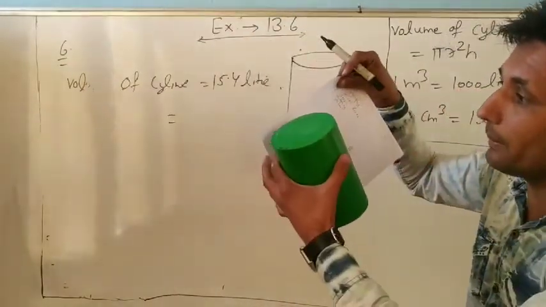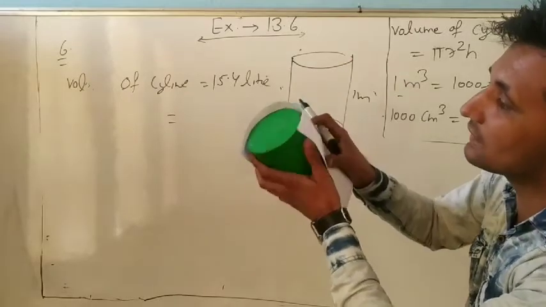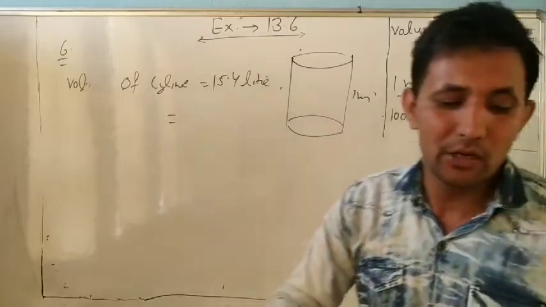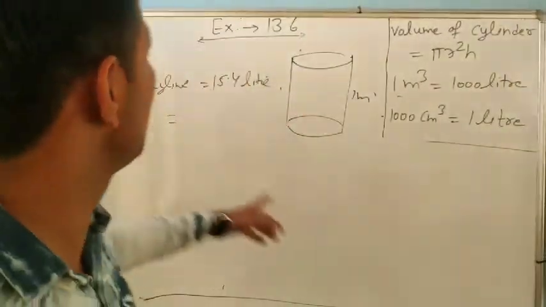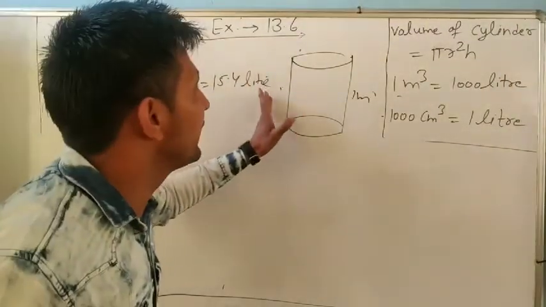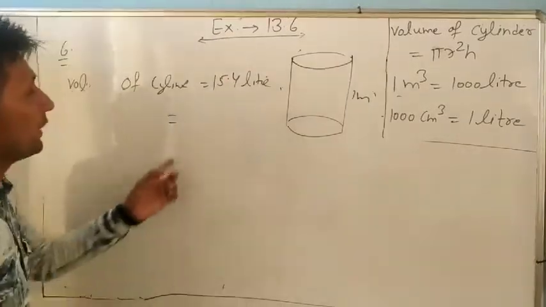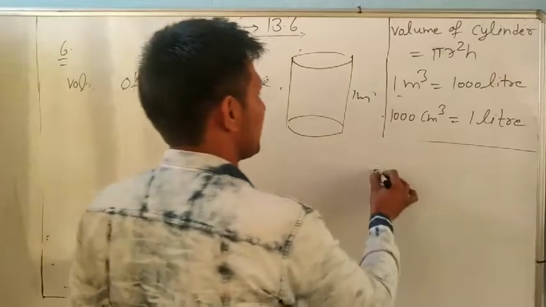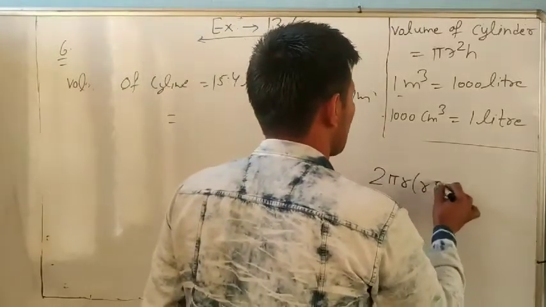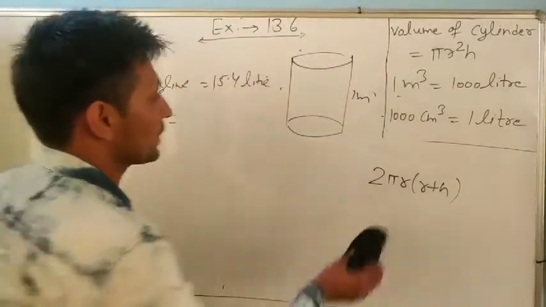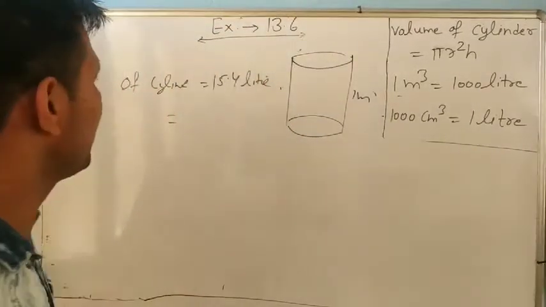Metal sheet is used on the lateral surface area and total surface area, so we have to find the total surface area. The total surface area is 2 pi r times r plus h. H is given but r is not given. So first we will find r.